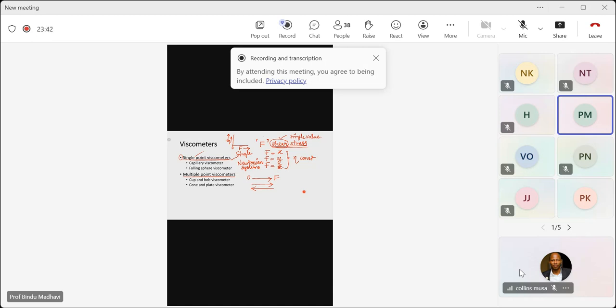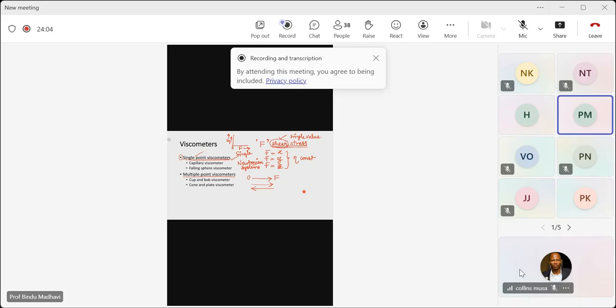I'm repeating my question: multiple point viscometers are used for the measurement of viscosities of what? I'm expecting a refined answer.